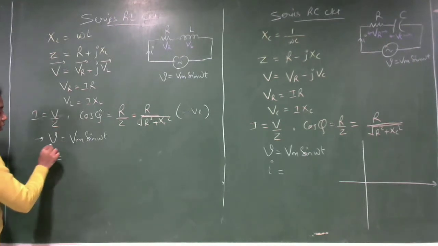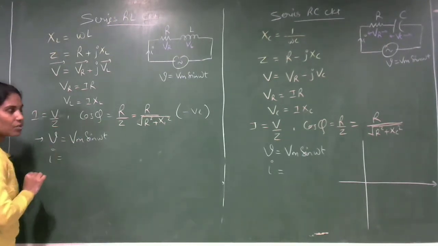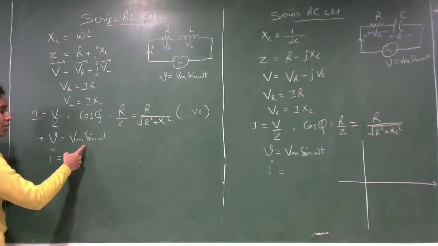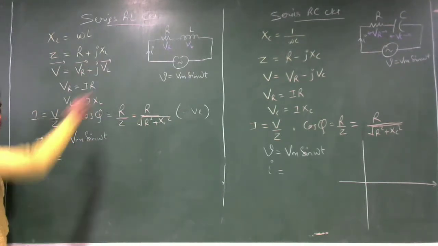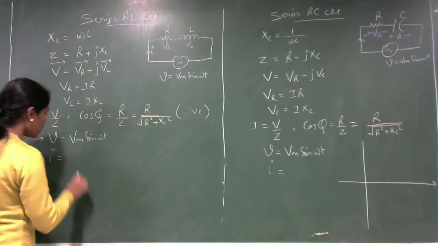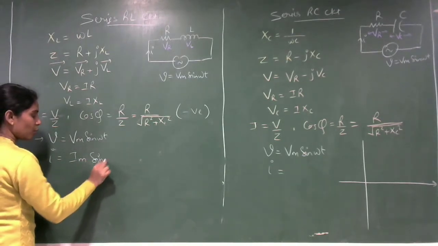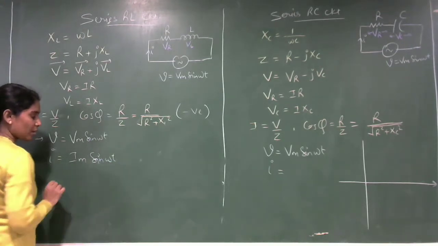So here V equals Vm sin omega t represents the instantaneous equation of the supply voltage. With the help of this instantaneous equation, I will have the equation for the current flowing through the circuit. So what will be the current? I will be taken as Im sin omega t. Now what will be the complete equation?